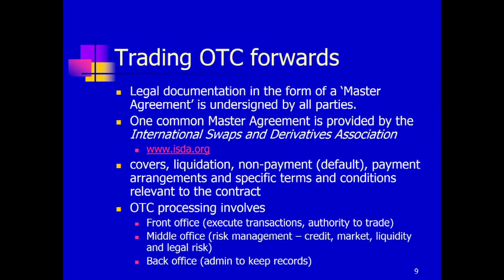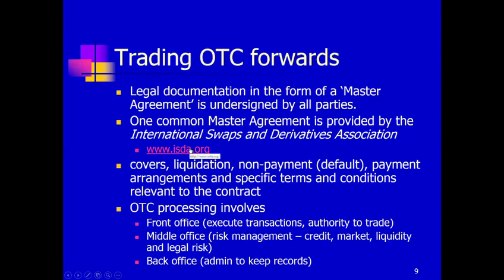If you want to construct a forward contract, there are a number of websites and institutions around the world, associations, that provide what are referred to as master agreements. One of them is the International Swaps and Derivatives Association.